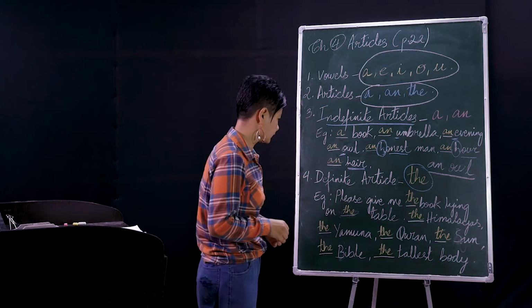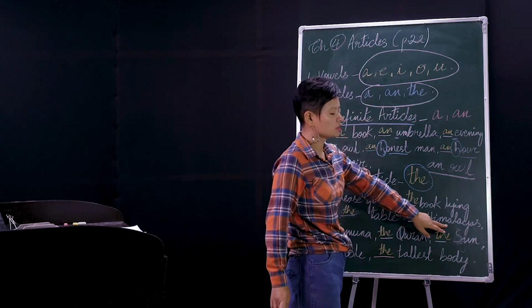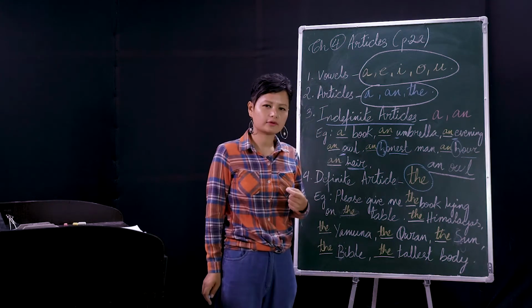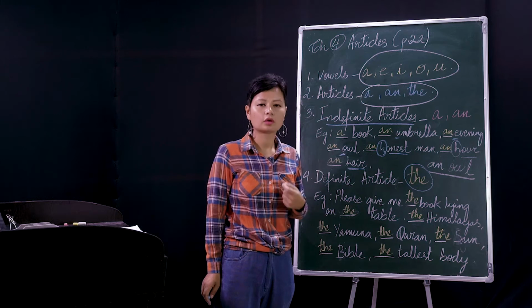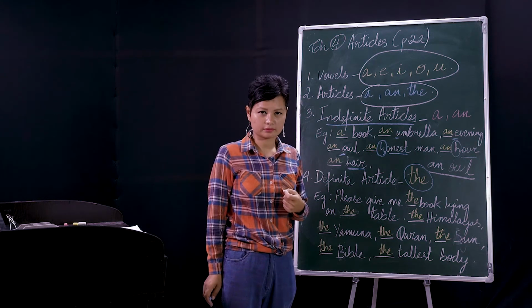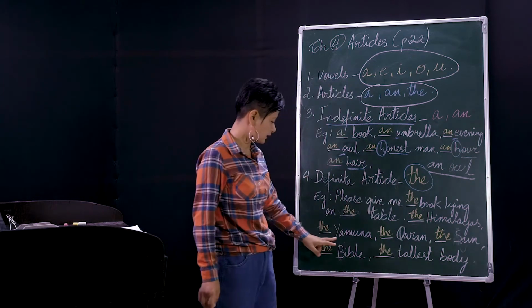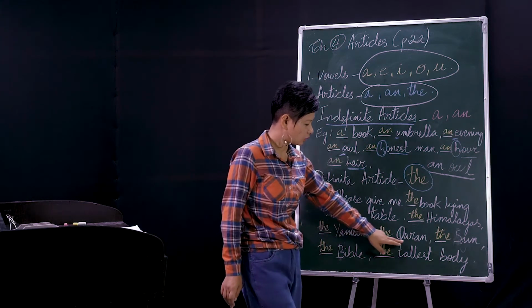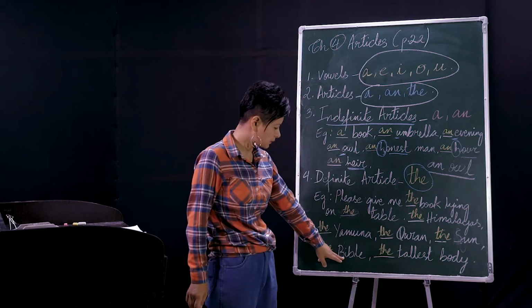See here, the Himalayas. This is a geographical term, right? Geography would mean mountains, rivers, places, oceans. All those are geographical terms, right? So the Himalayas, the Yamuna, the Quran, the sun, the Bible.